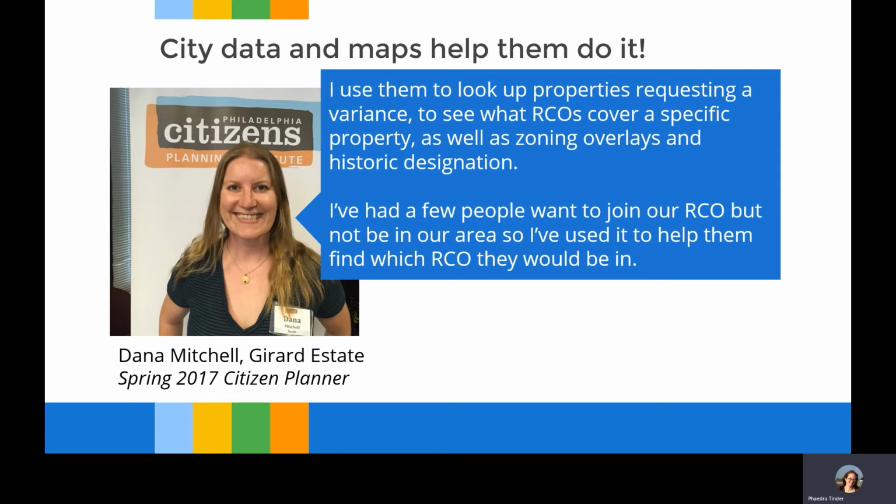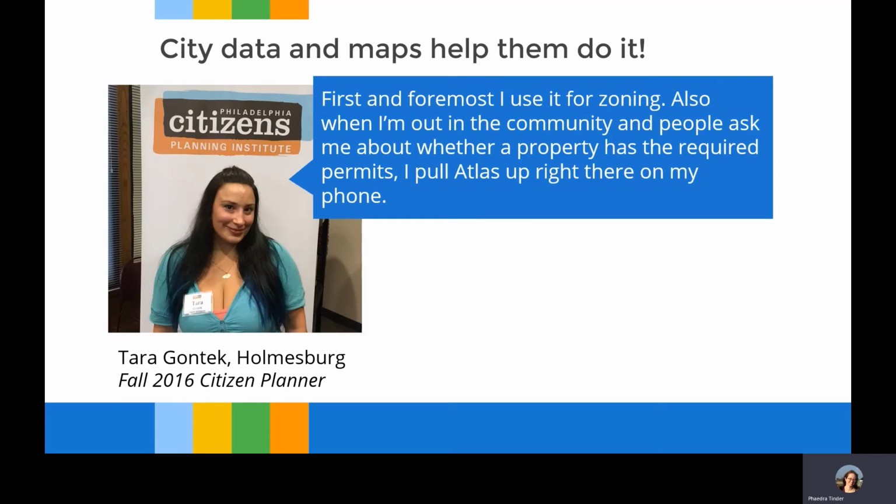So RCOs, as you're probably aware, are the organizations that have review capabilities over zoning variances within certain areas of the city. So this is information that you can get in Atlas, and we'll show you how to do that.